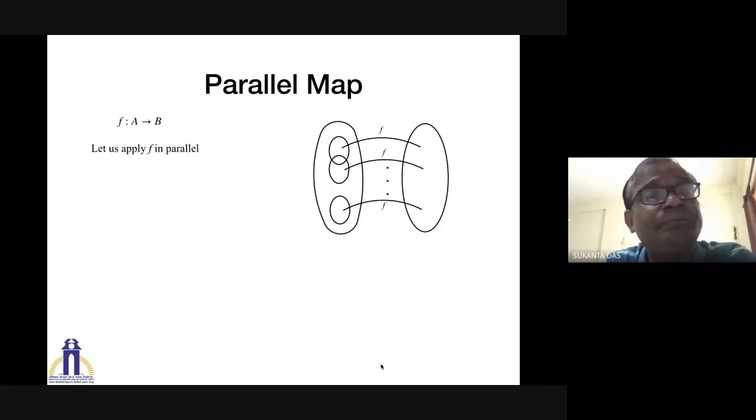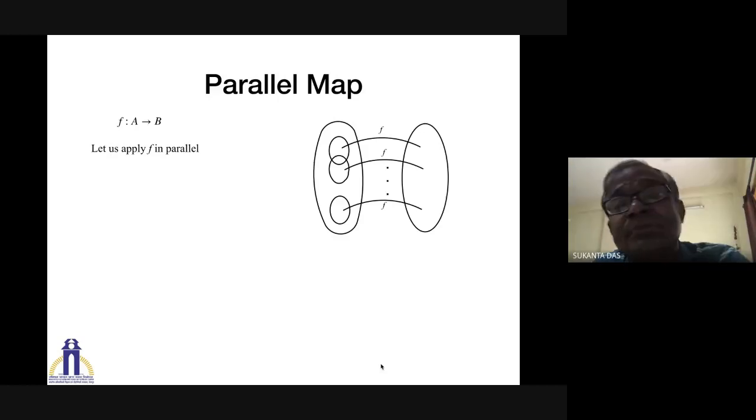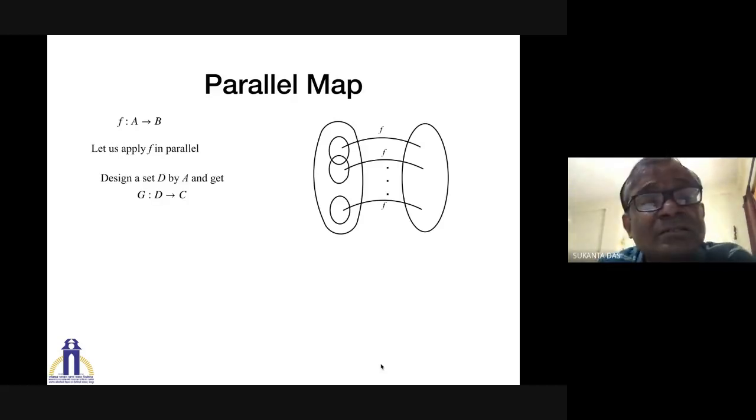The small circles are actually the domain A of f, and they are the same. So I am applying this f in parallel, right? What will happen? I can get a set D by this A.